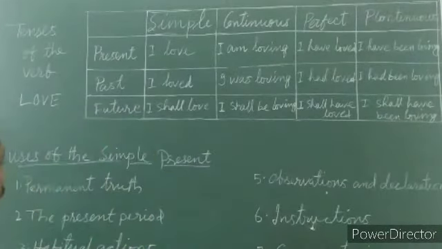An established fact is a truth. And what is a permanent truth? A truth that remains, does not change. You can say a fact that is constant, a fact that does not change at all. Such things are called permanent truth.